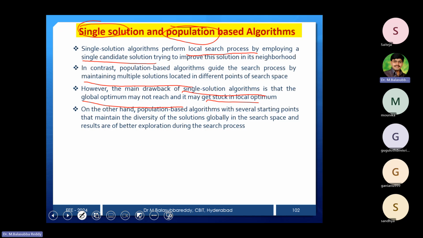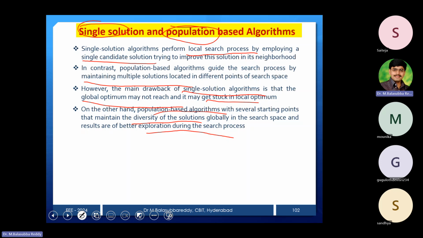Whereas in population based algorithms, several starting points maintain the diversity of the solution globally. As I mentioned, the process maintains multiple solutions, so the starting points maintain diversity of the solution globally in the search space, and the results are better at exploring during the search process.